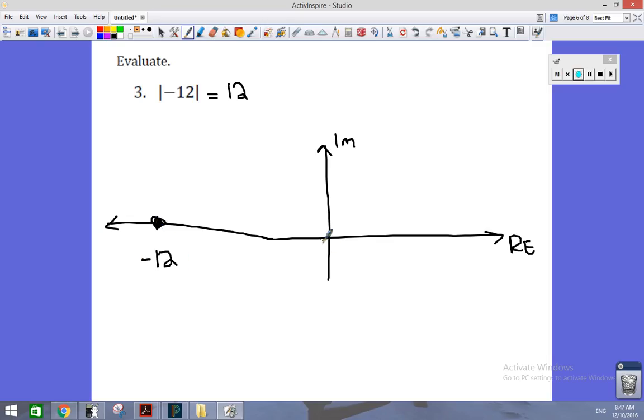Here's negative 12, here's the origin, and remember that as negative 12 plus 0i, that distance is 12 units. Now if you want to identify a and b and take the square root of a squared plus b squared, it's obviously going to be 12. Remember, it is the principal square root, because most of the time it represents distance; this radical symbol is defined to be the positive square root.